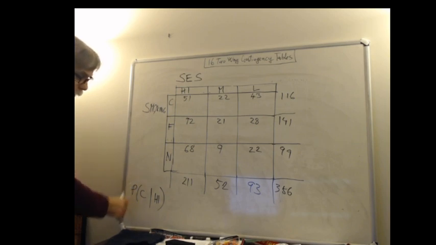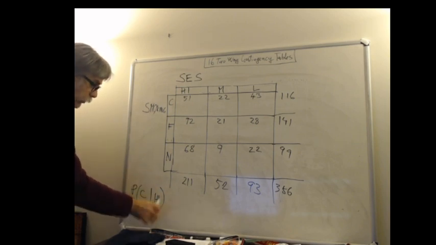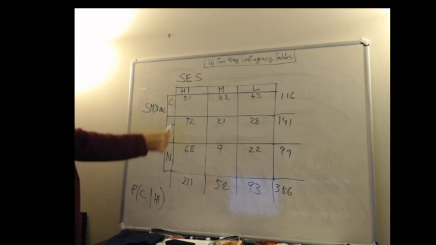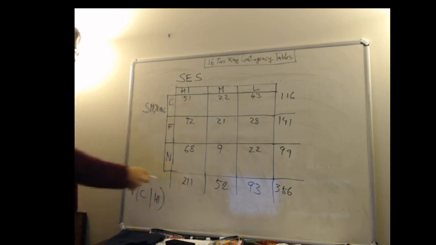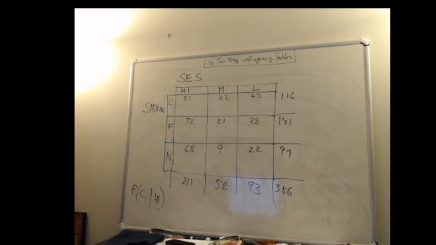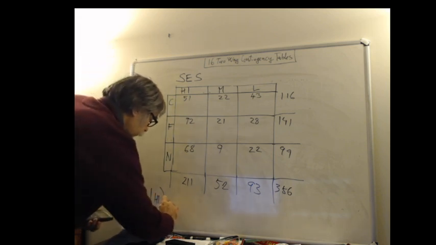I should say, if that person has a high income level, what's the chance that that person is a current smoker? So you look at 51 out of 211. 51 out of 211 would be, I don't know, you can use a calculator. And I'm getting approximately 24%.